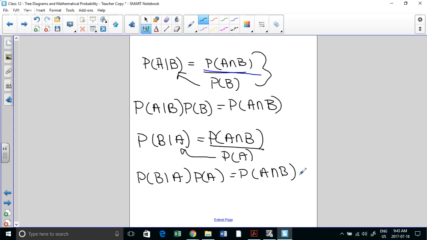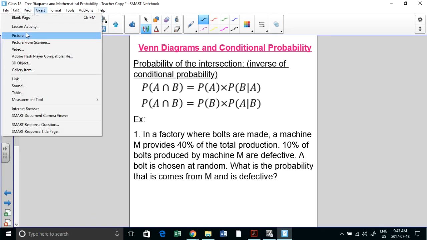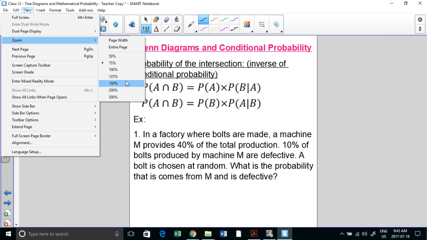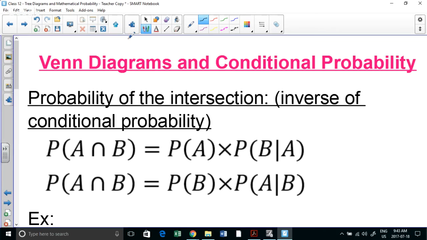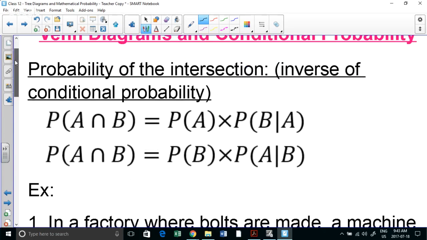And we'll get the probability of the intersection. So those are just two formulas that we can apply in different problems. So this is just an inverse or a different way of using conditional probability.